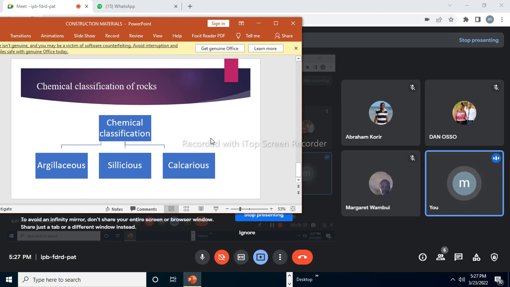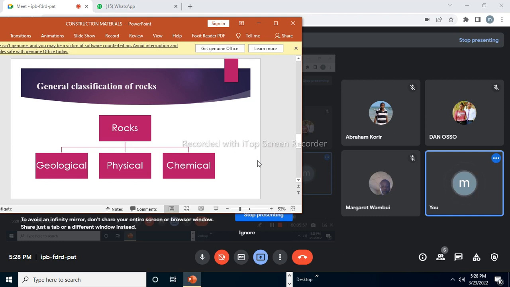We had also said that stones can be classified by different methods, that is, geologically. Geologically, rocks are classified into the following: you may not see that in your slides, but let me give it to you. We have sedimentary rocks, igneous rocks, and metamorphic rocks. Sedimentary rocks are made from the breakage of other rocks.